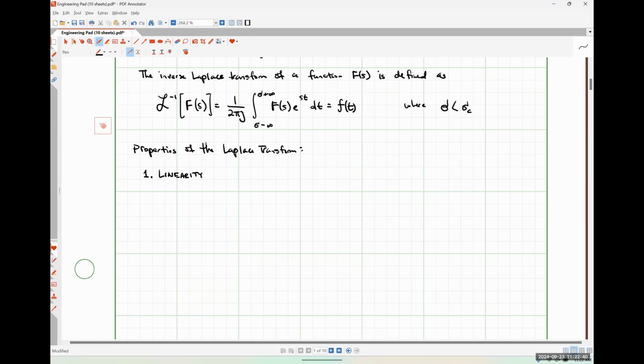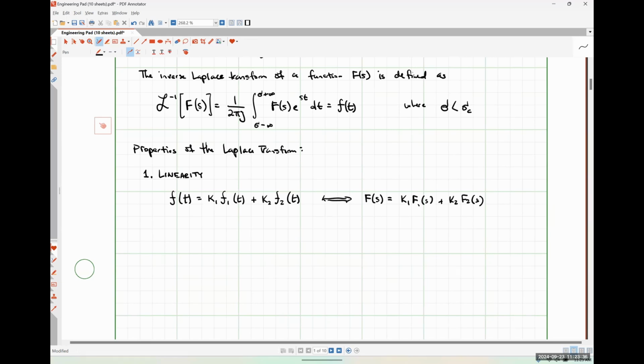So if we have some function f of t that can be decomposed into some arbitrary constant k1, value does not matter, it does not have to be real, just needs to be constant, times some function f1 of t plus some arbitrary constant k2 times some second function f2 of t, then the Laplace transform F of s will be equal to k1 times F1 of s plus k2 times F2 of s.